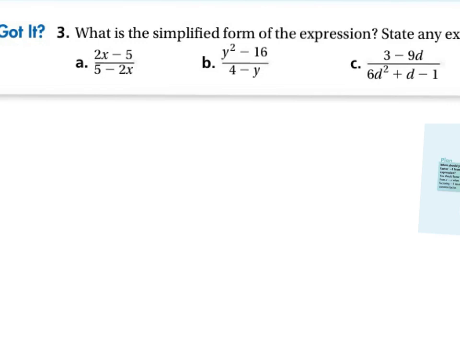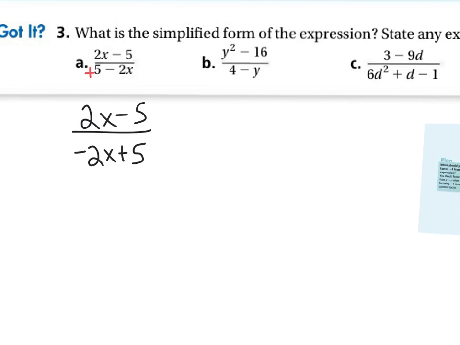So again, in the denominator, if you want to physically switch those around, just make sure you keep track of what your signs are when you switch that around. That would be negative 2x plus 5. In the numerator, we have 2x minus 5.